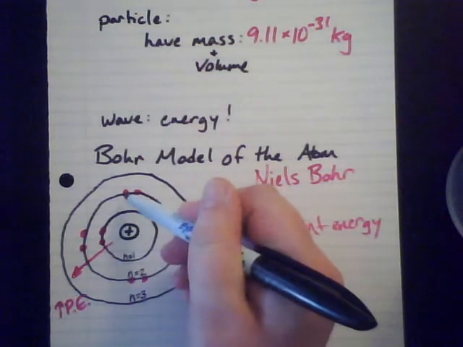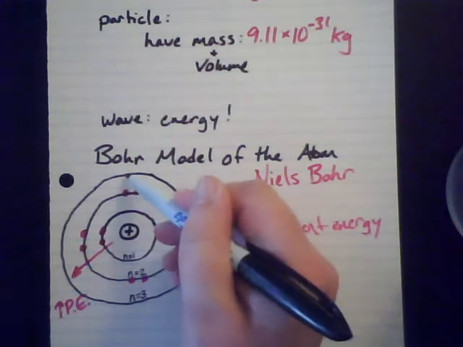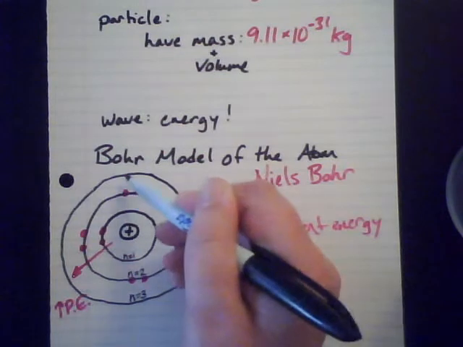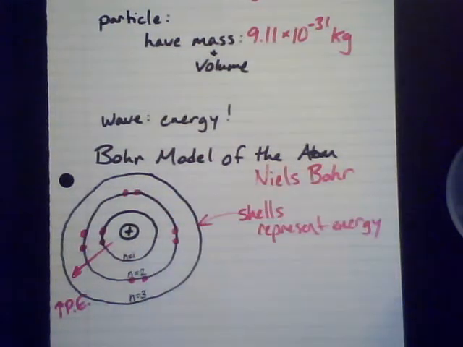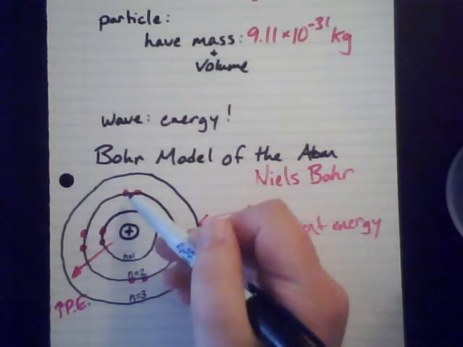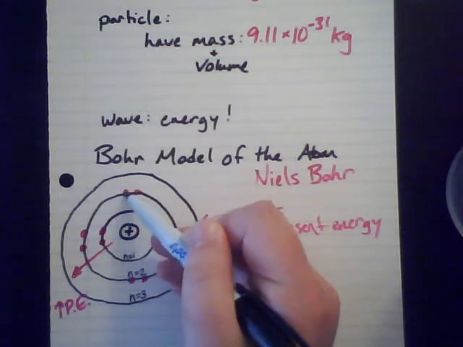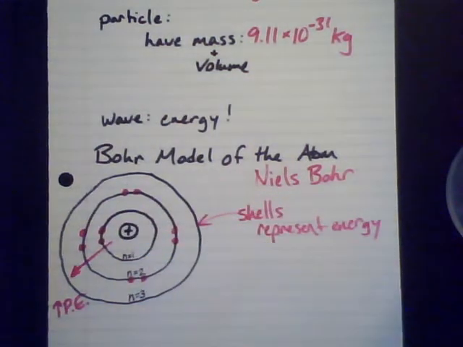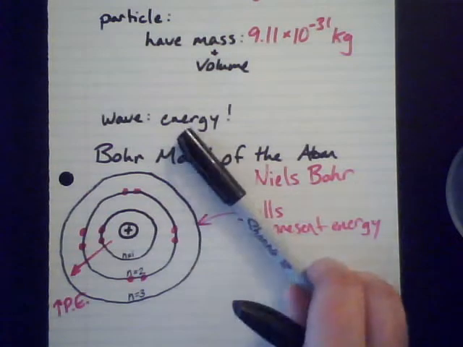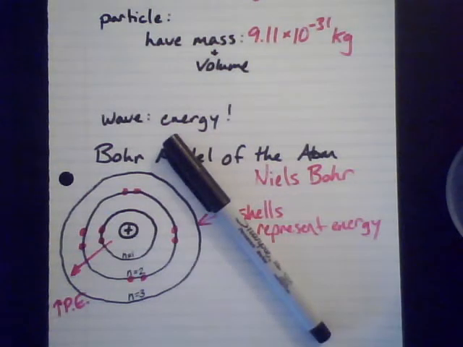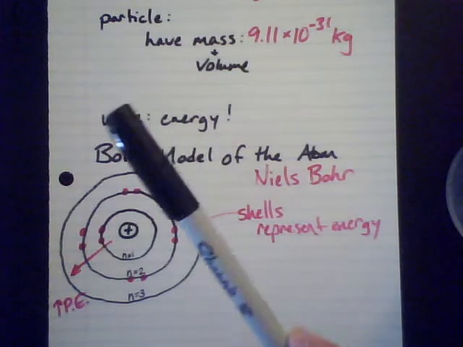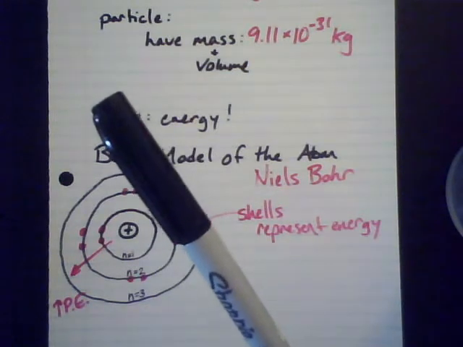If I was to take this electron here and bump it to a higher energy level, because higher energy is more interesting chemically speaking, then I would have to put energy into this system in order to do so. Think about it like this. If I have this pen here on the table, it's not going to spontaneously lift itself up, right? It's just going to sit there. But if I put some kinetic energy in, then I've lifted it up.